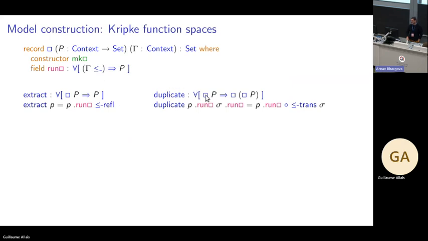And duplicate is telling us that if we can take our current P to any world in the future, well, we can do it in 2 steps instead of just 1 step. And this is what the transitivity was showing earlier, right? You go from gamma to delta, and then from delta to theta. It's the same as going straight to theta.